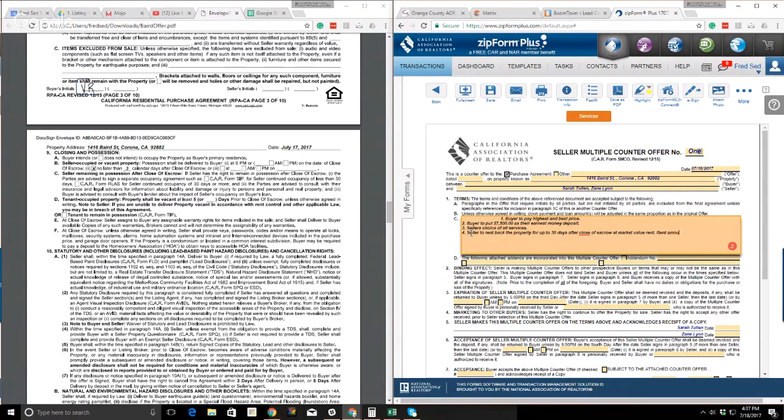Rent amount will be agreed upon between buyer and seller before the buyer removes all contingencies. So if we have an amount, so be it, but since we're putting market value rent, buyer and seller will agree to that amount before buyer removes contingencies at least. Let me change this spelling.